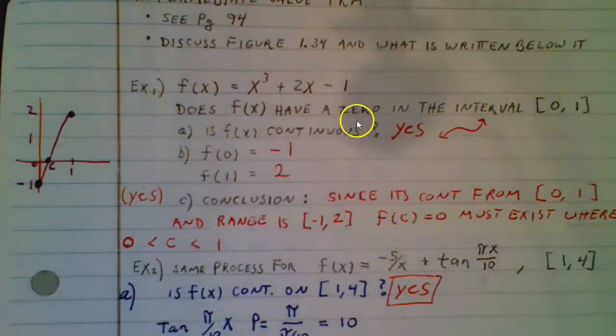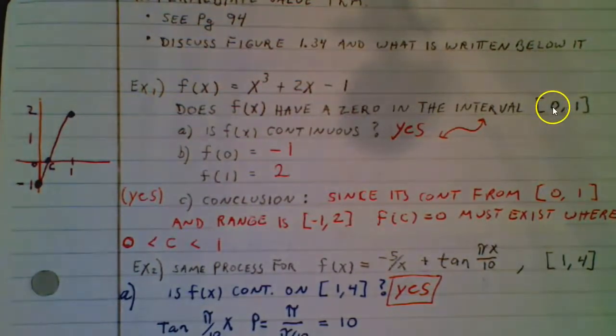So does there have to be a 0 within that interval? When they say a 0, what they're referring to is an x-intercept. In other words, at an x-intercept, we know you'd have a y coordinate of 0. So that's really what they're asking: within this interval, from x equals 0 to 1, would I get a y coordinate of 0?